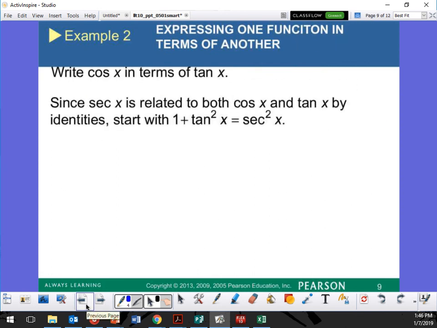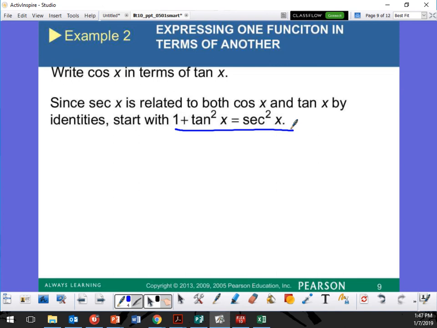Okay, write cosine in terms of tangent x. Since secant x is related to both cosine and tangent by this identity, everything we're going to do here is manipulating.